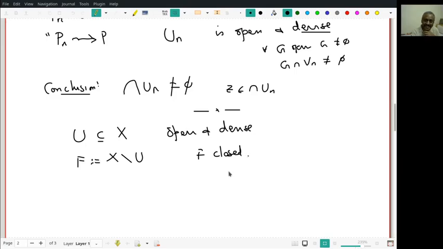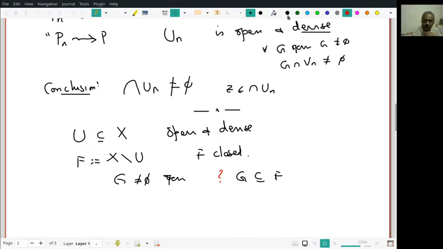Second, suppose G is a non-empty open set. Can G be contained in F? Can it happen? If G is contained in F, you see that now G is non-empty and open, and you said U is an open dense set.